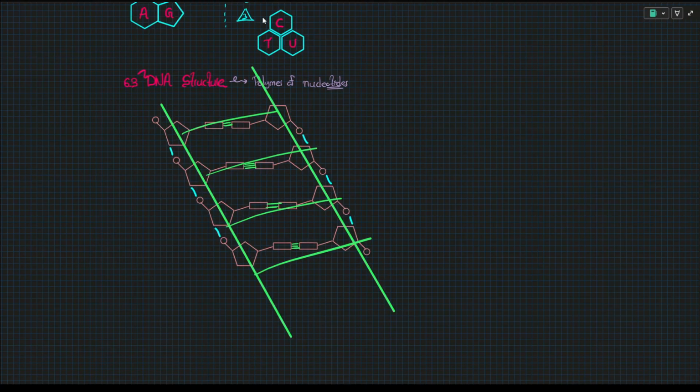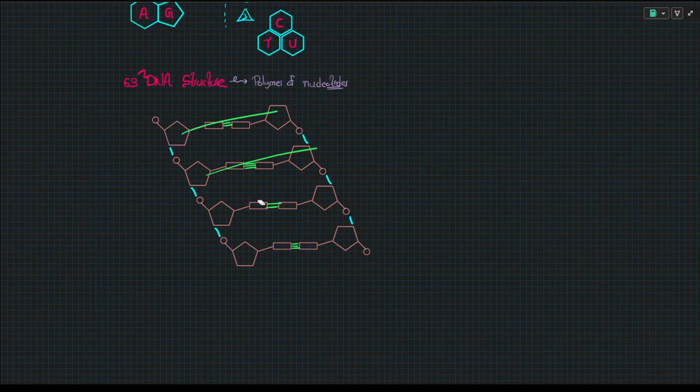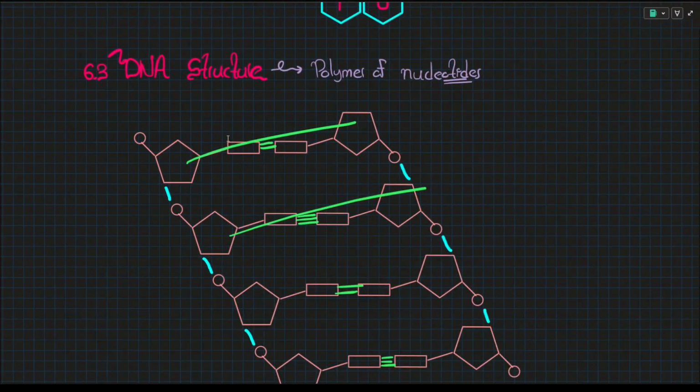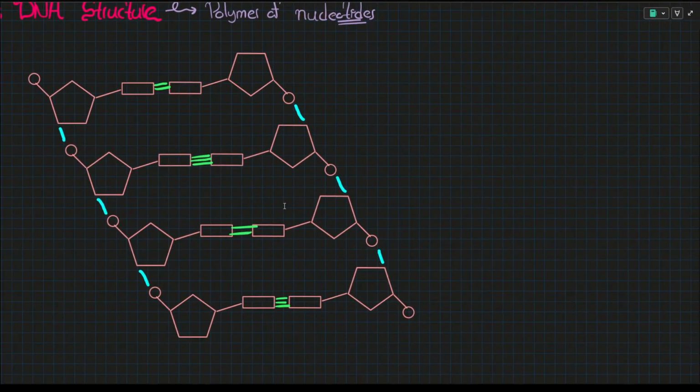I wanted to give you that outward appearance, like so. Now let's get rid of those guidelines. This is the overall DNA structure.